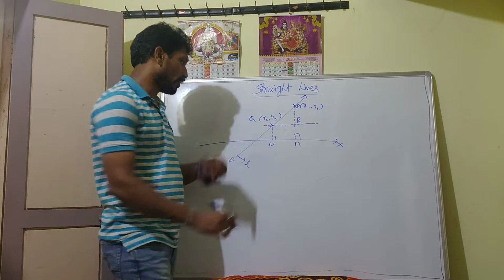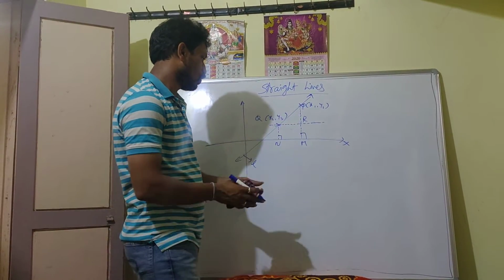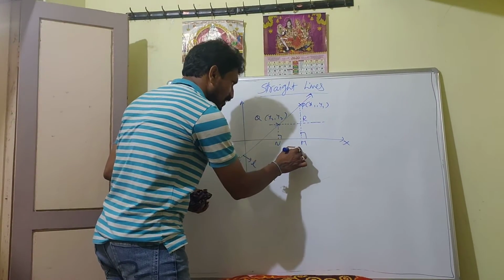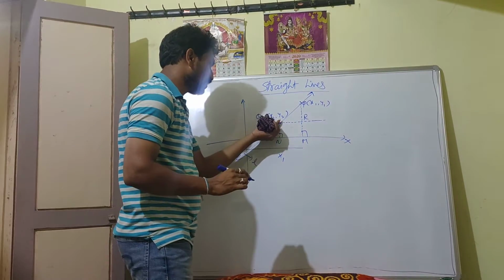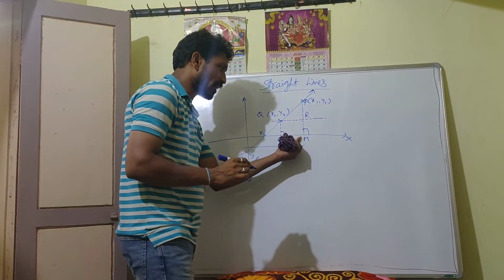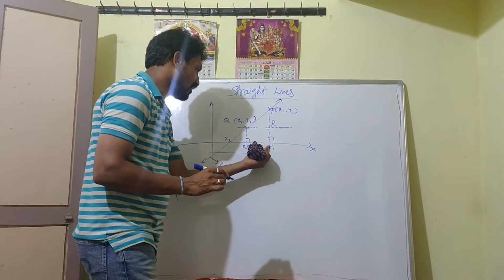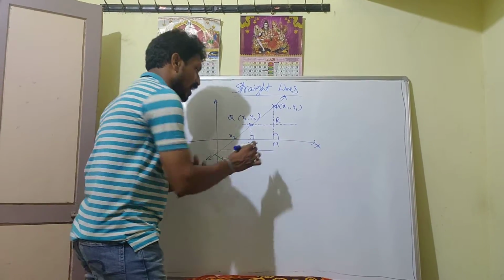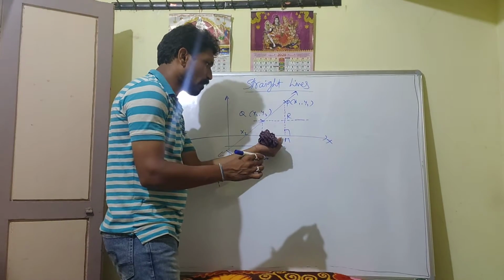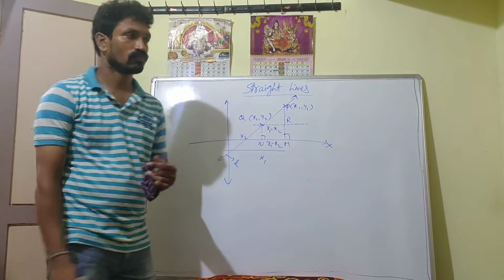According to coordinate geometry, you know very well, this is x1 comma y1, so this length is x1. It is x2 comma y2, so this length is x2. So automatically the distance from N to M will be x1 minus x2. These two are parallel, so it forms a rectangle, so this is also x1 minus x2.